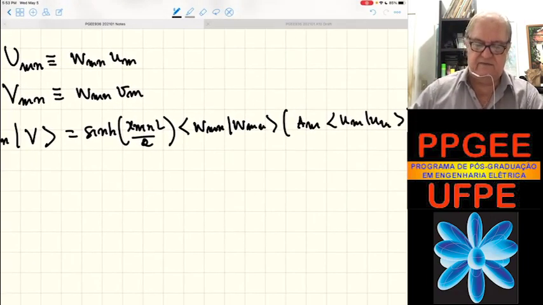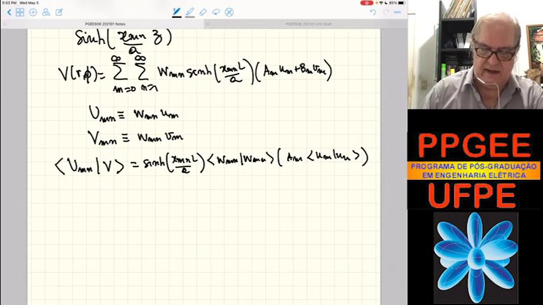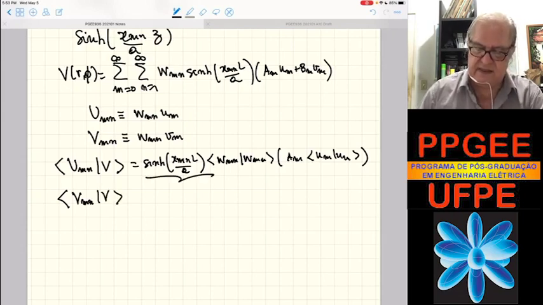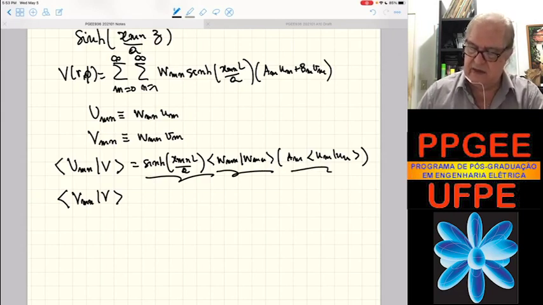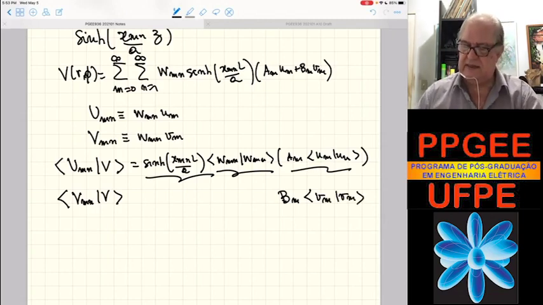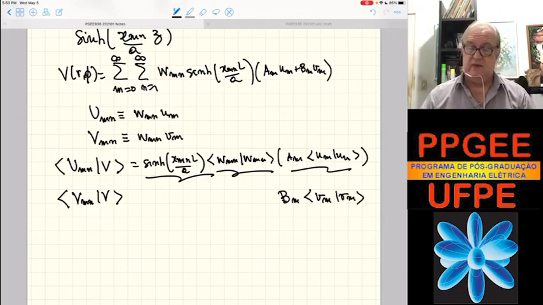The same thing if you want to calculate, I'm sorry, this is the U function, right? Sorry about that. This is correct. V function. You can also calculate V_mn with V. This repeats. This is going to be B_m, V_m. So this is easy to calculate, right? So you have formulas for B_m and A_m, so you solve the problem, right?